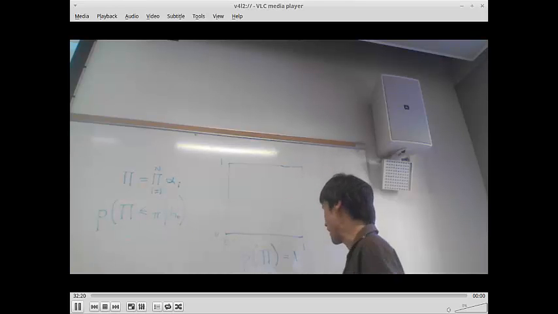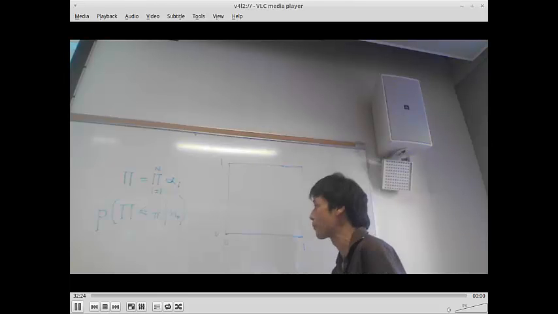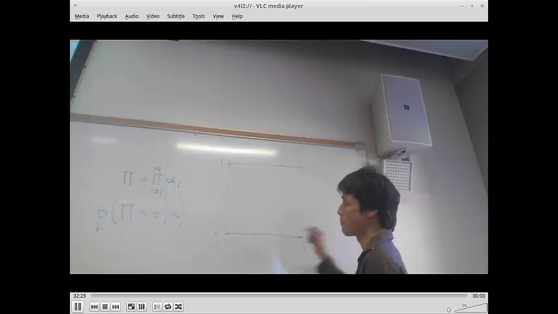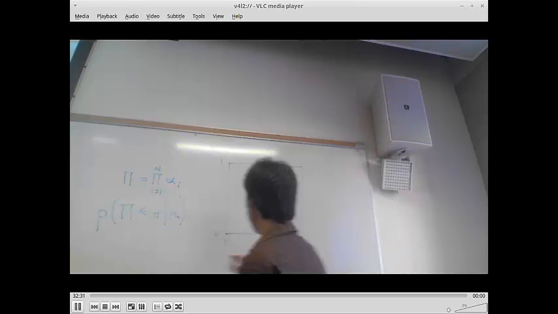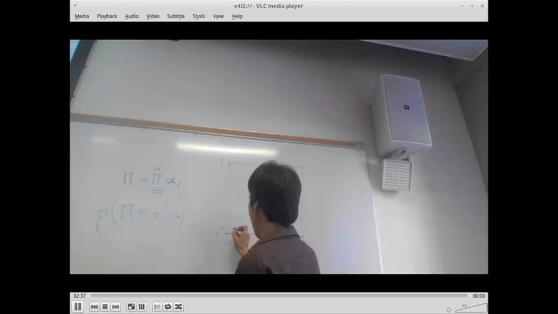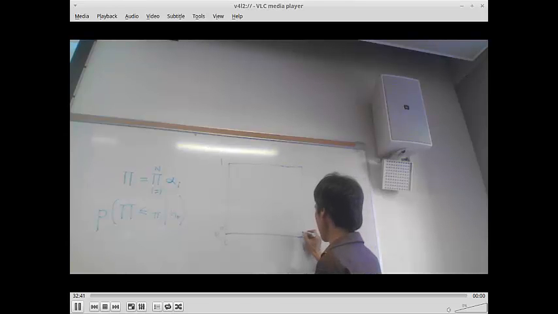Taking the two-dimensional case to begin with, we have some particular observed value pi.